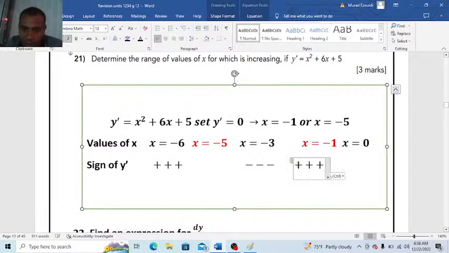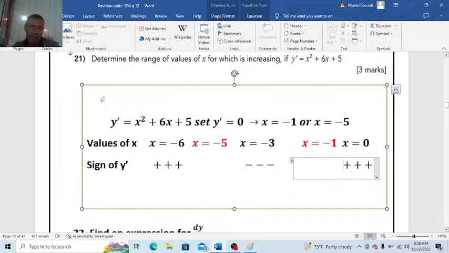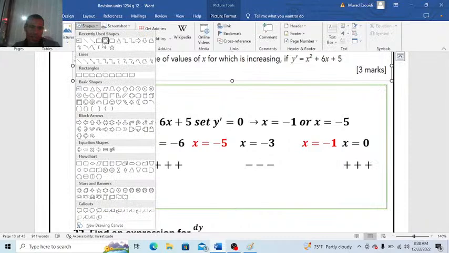Okay, now it's clear that your function will be an increasing function when x is less than -5. I will insert a shape.